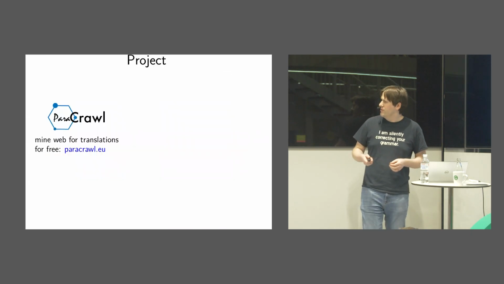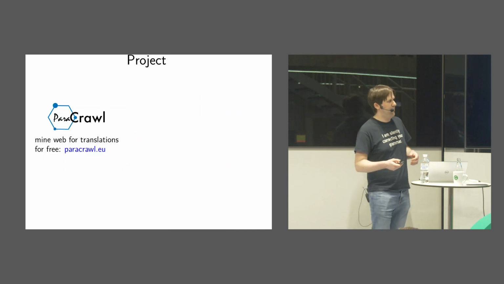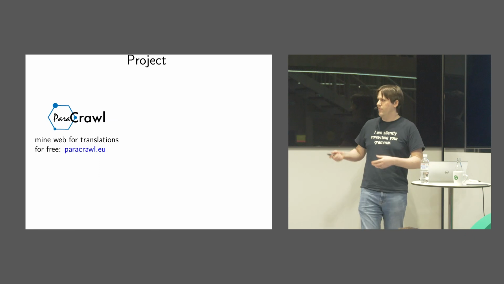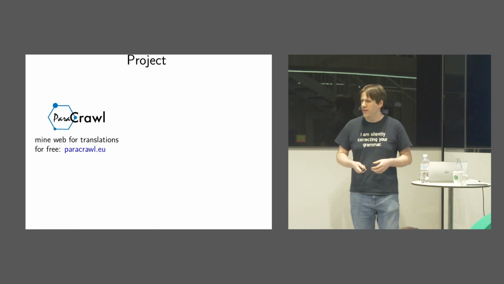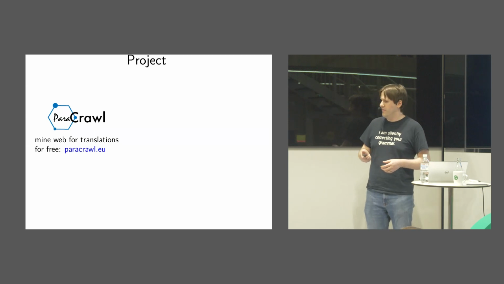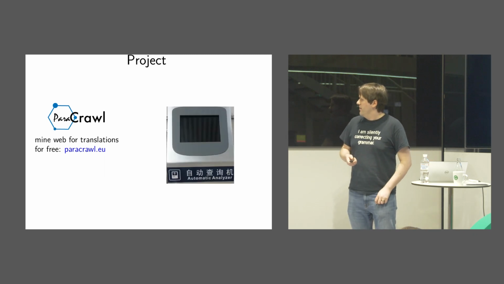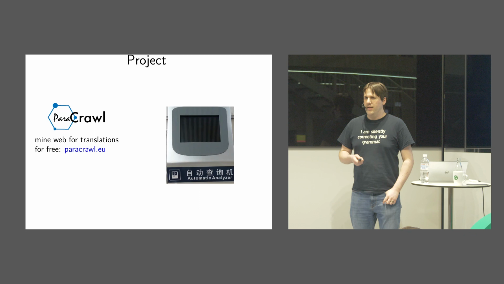Well, there's one project where we're mining the web for translations, and this is what we've branded as Paracrawl. You can go to our website and download parallel corpora that we've got from there already. Sorry, there's no Ukrainian. It's funded by the European Union. And we still have the other side, that's the automatic analyzer.